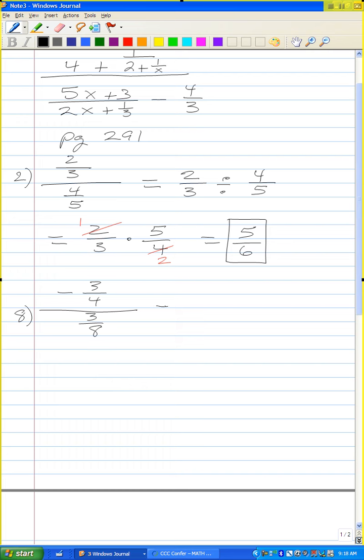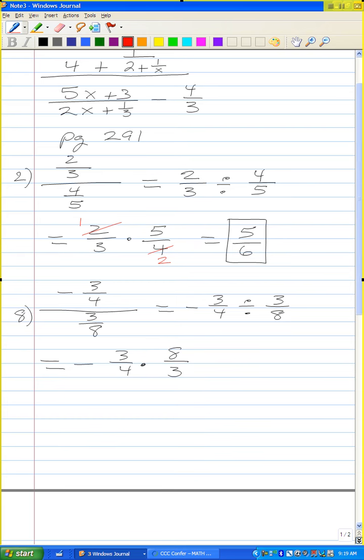So let me rewrite this as negative 3 fourths divided by 3 eighths, which is the same as negative 3 fourths times, and so I can rewrite division as multiplication by the reciprocal of 3 eighths, 8 thirds.